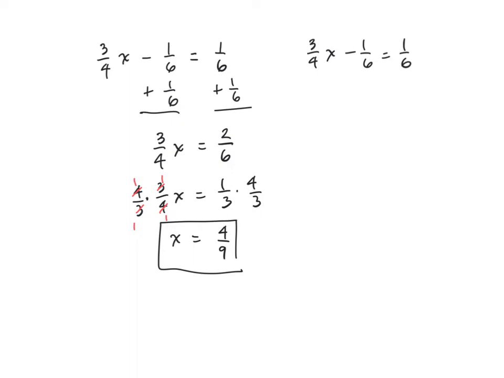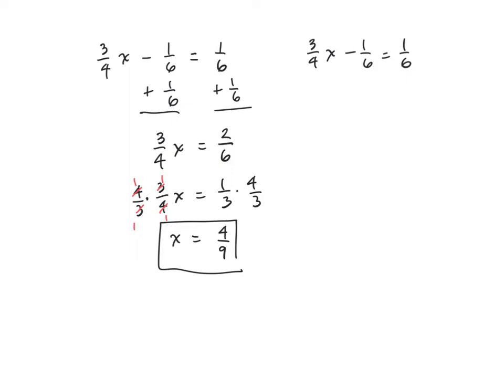Now, it's a little bit more work, but it does save some time, especially when you have to add or subtract fractions from both sides. If you don't have a common denominator, you have to get a common denominator anyways. This one was pretty easy to do.